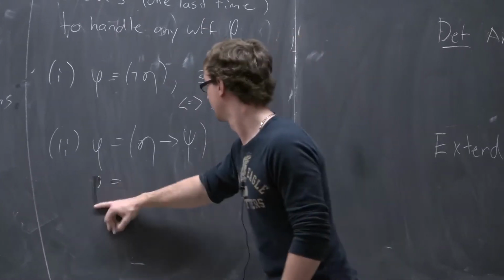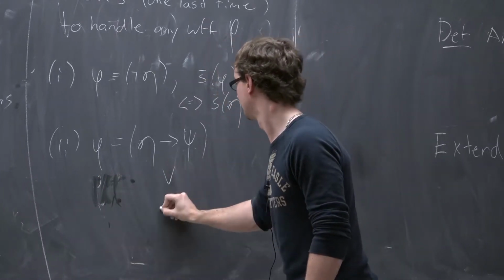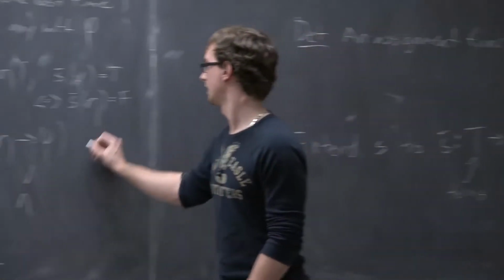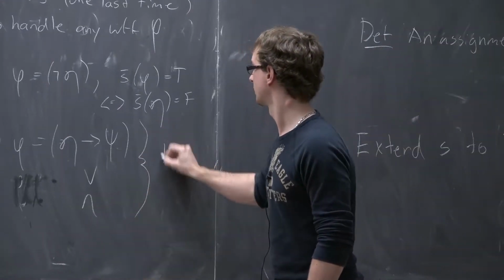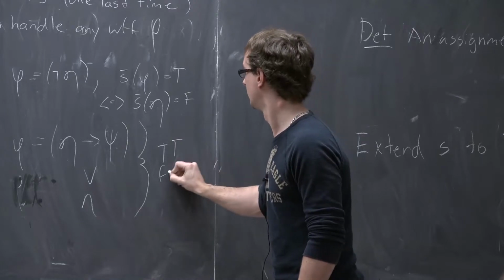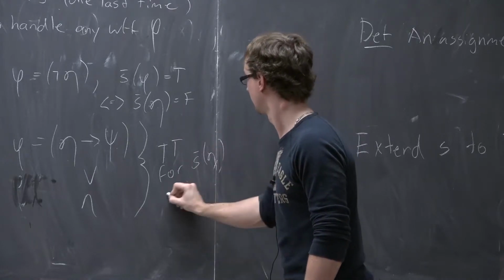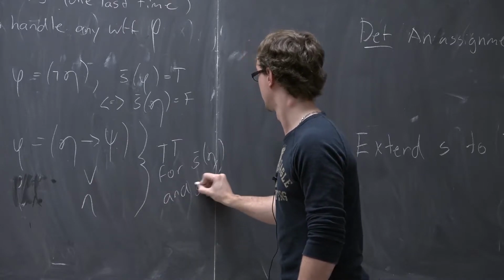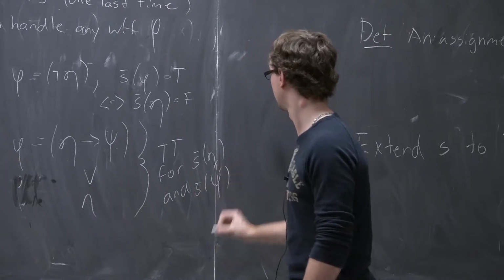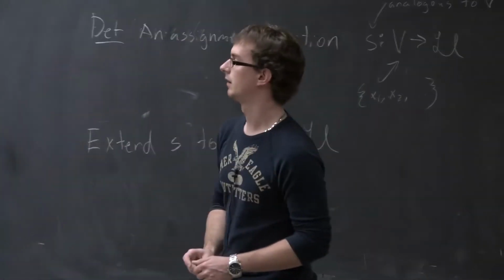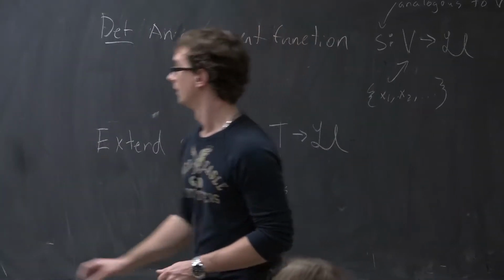So we've got the same thing with all of our different connectives. And in each one of these cases, we just use the truth table for S bar of eta and S bar of psi. Exactly the same thing that we've seen already for propositional logic.